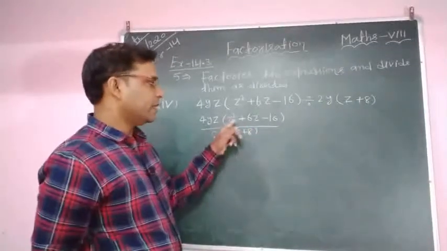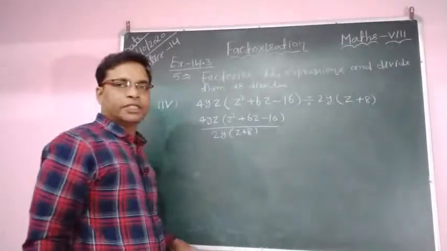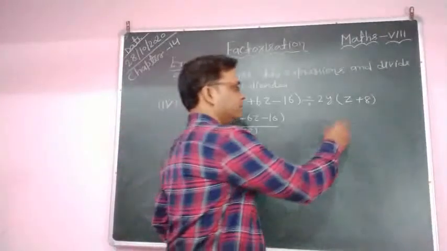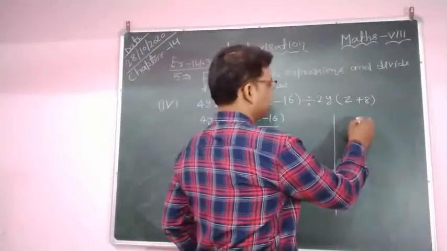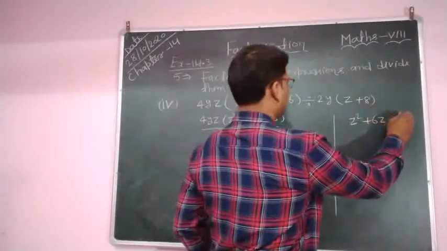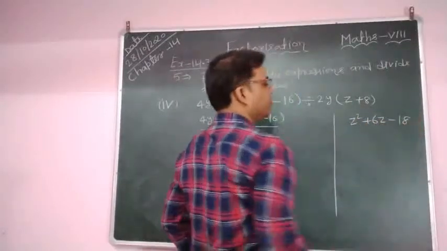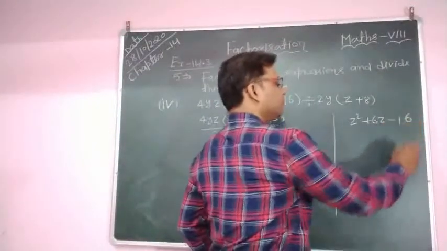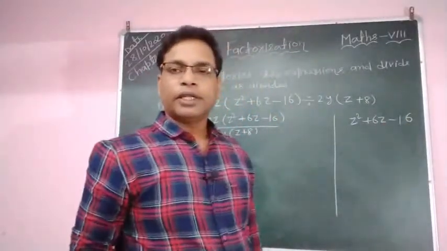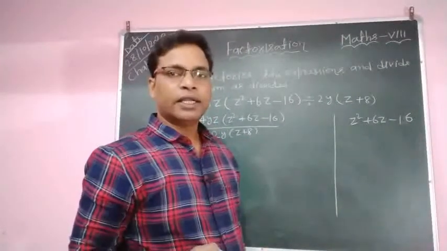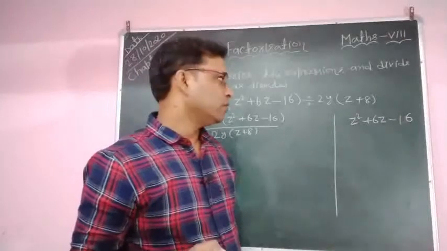First we need to find the factors of z square plus 6z minus 16. So you know very well, 16 you can write as 8 into 2. This is equal to 16. When you subtract 8 minus 2, this is equal to 6.